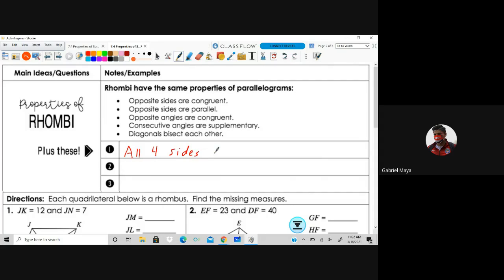All four sides are congruent. Diagonals are perpendicular, and diagonals bisect opposite angles.